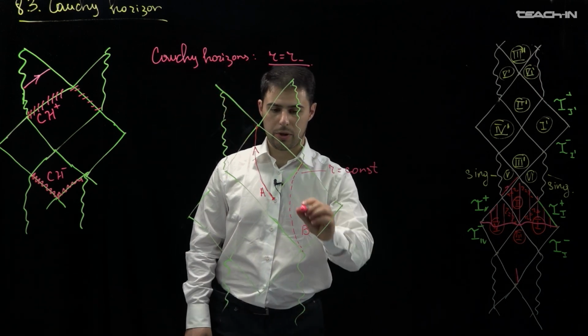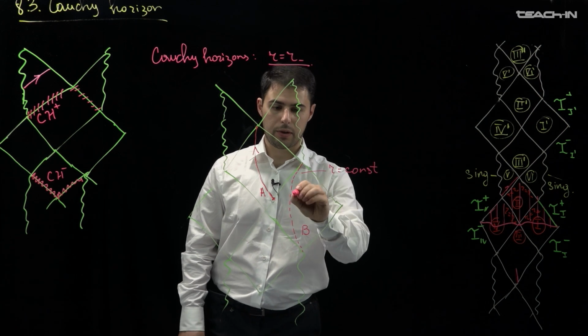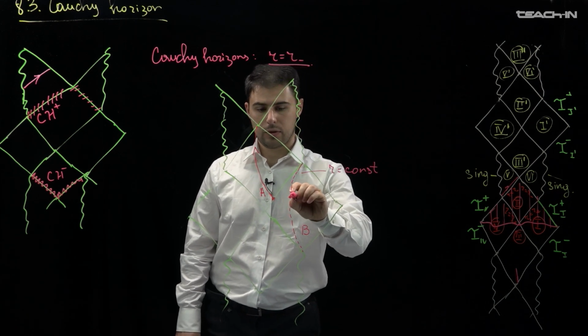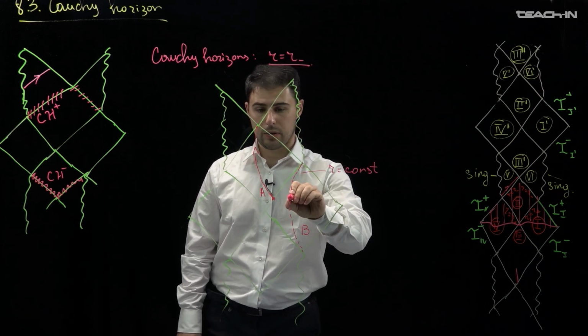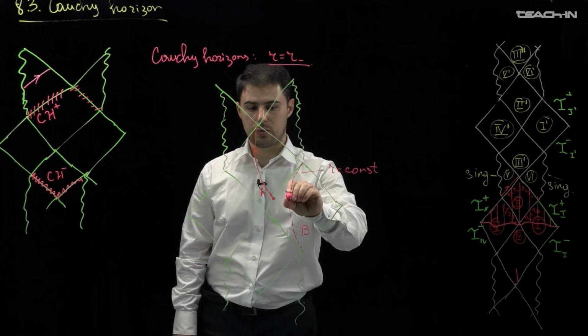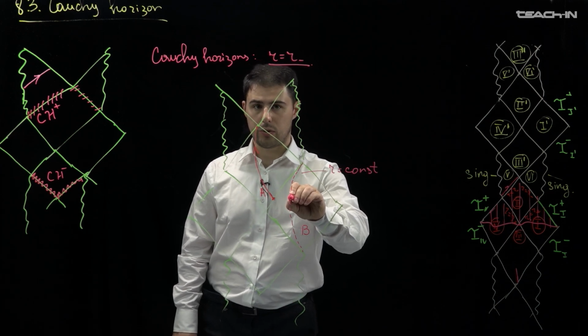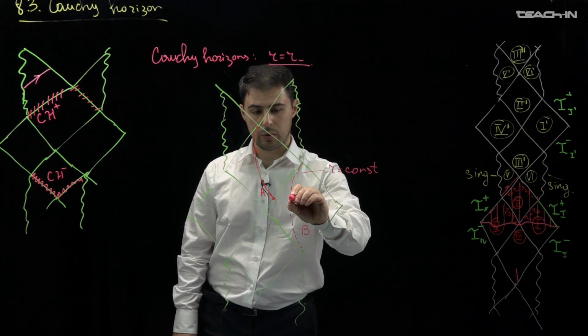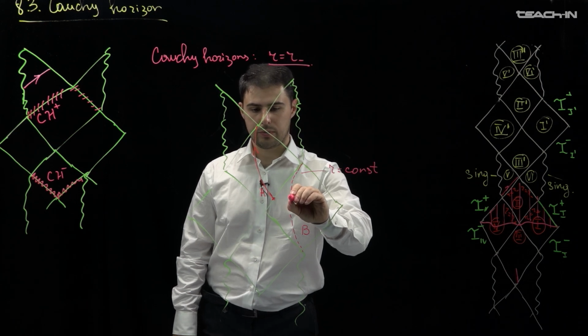Let the observer B keep sending light signals after some periods in time, and the signals go directly into the black hole, along the radial null geodesics.